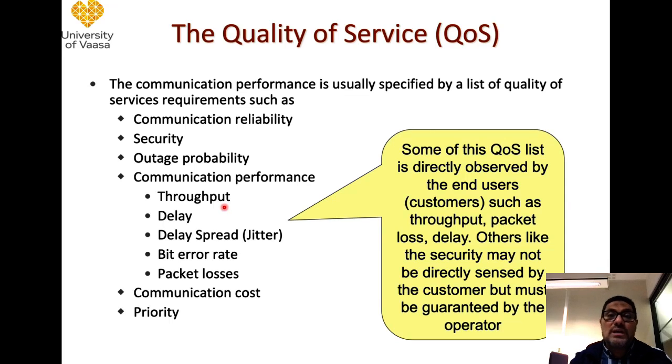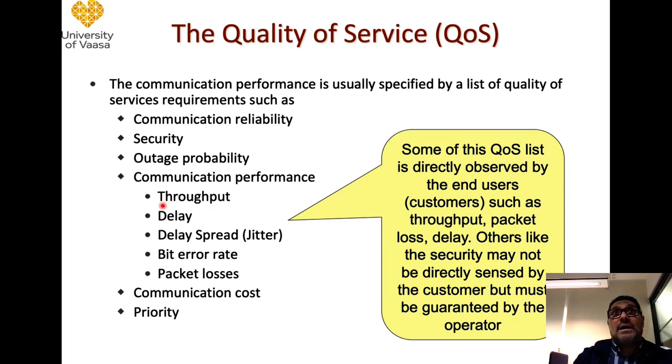We have some bits for coding, some bits for addresses, some bits, for example, for security, and so on. But the part that is the information itself is called the throughput. So every communication system has to have a certain throughput.